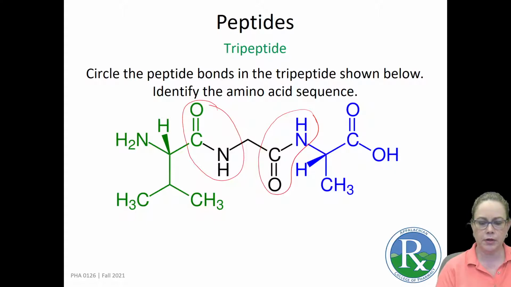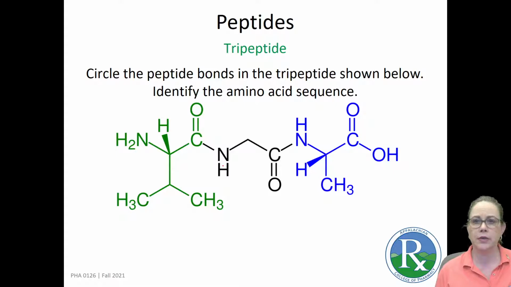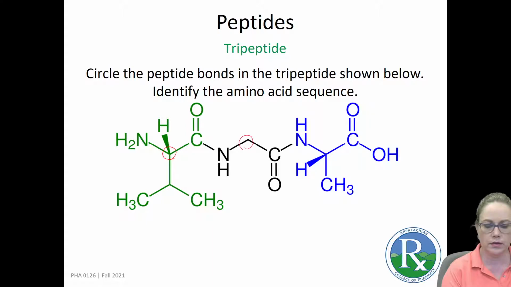The next part is to identify the amino acid sequence for this peptide. This is where we want to go through and identify each of those amino acids. We're going to have 3 of these in the tripeptide. Some folks find it easiest to identify their alpha carbons, to help identify where the side groups are located.